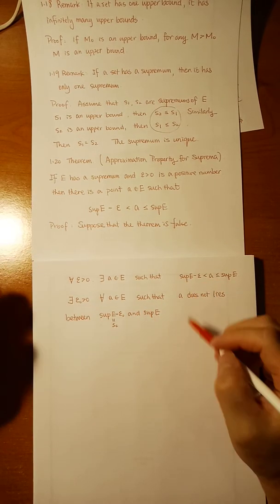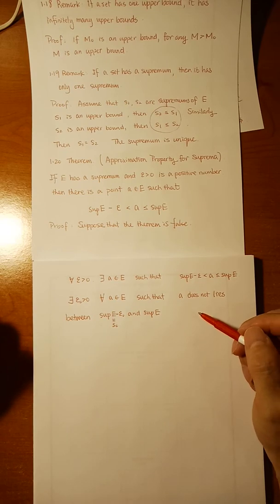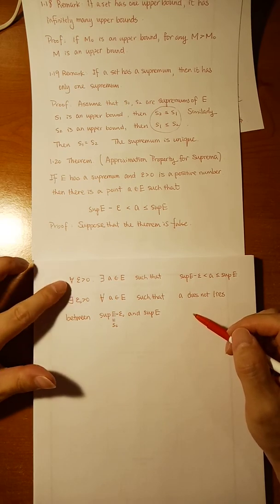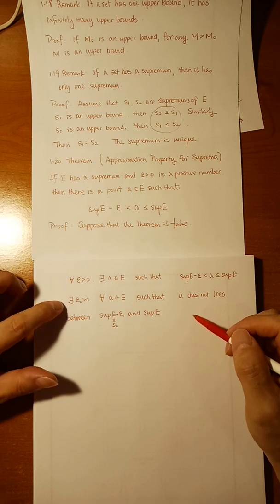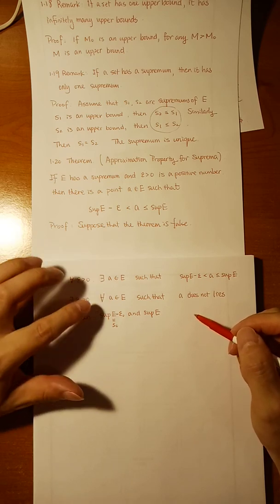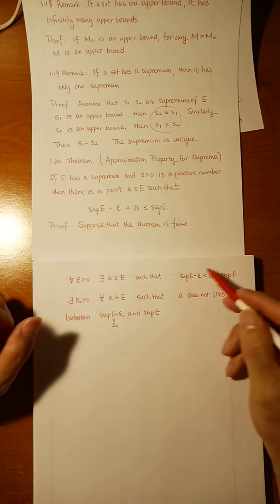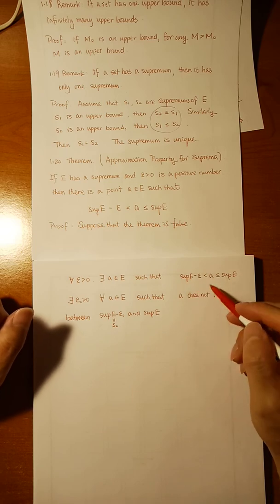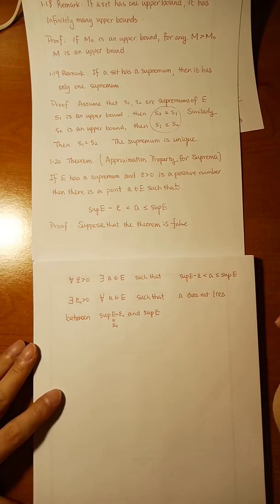Okay, so that's the way to write the negative statement. You change for all to there exists, and there exists to for all. And of course, you get the negation of this conclusion.